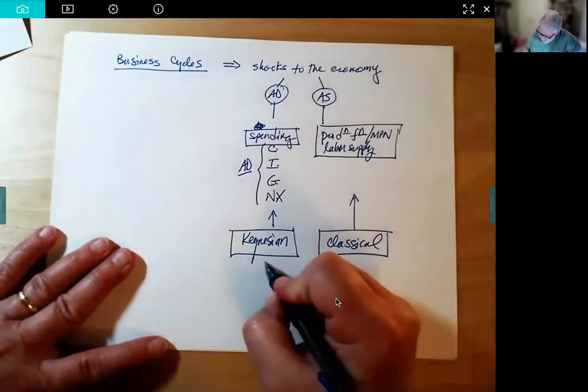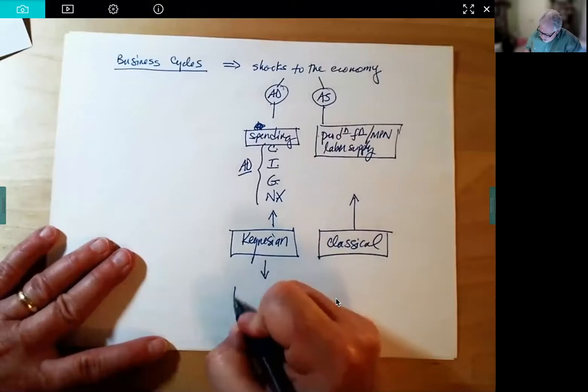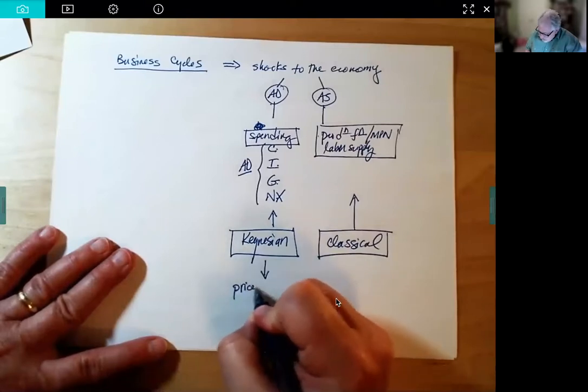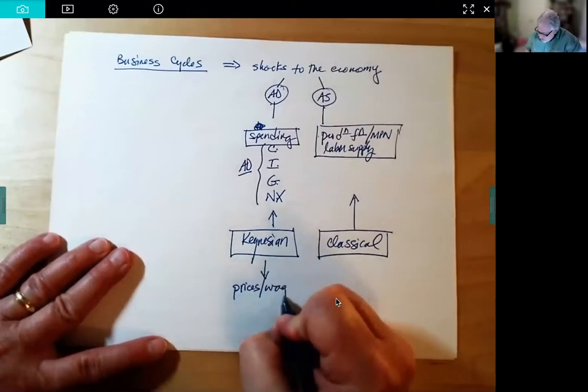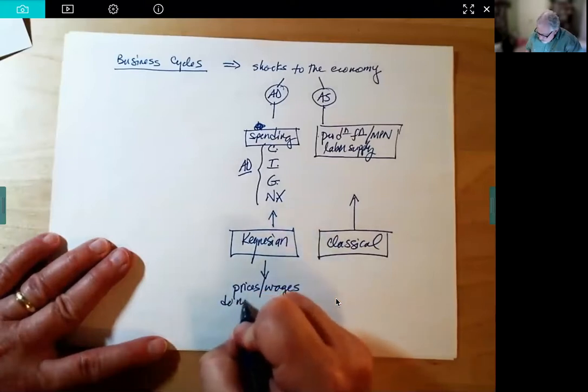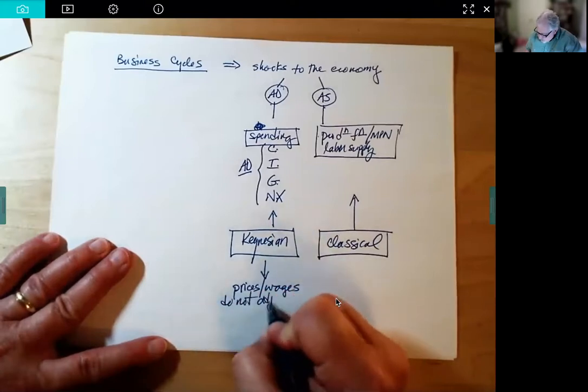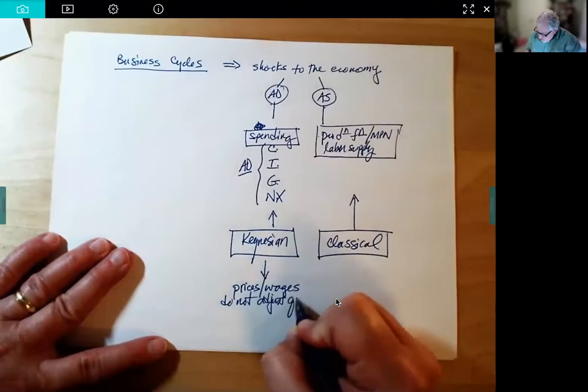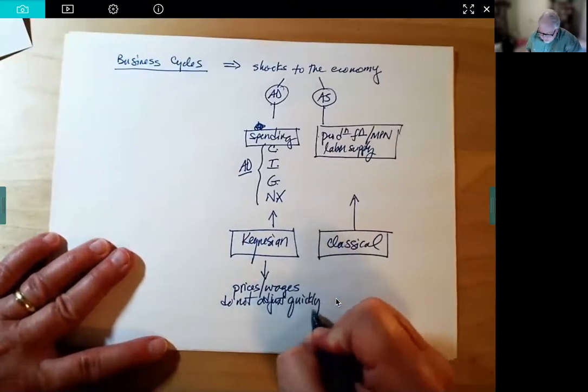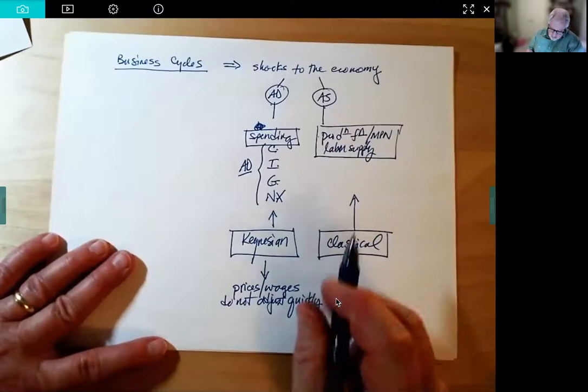So for the Keynesians, right, the assumption is that prices and wages do not adjust quickly. They may be fixed in the short run. They don't change very fast.